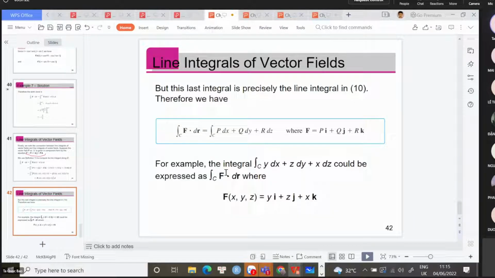Now, for example, we have an integral of this function on C. This is represented by F dot dr, and here F is (xz, yz, x). Yeah.